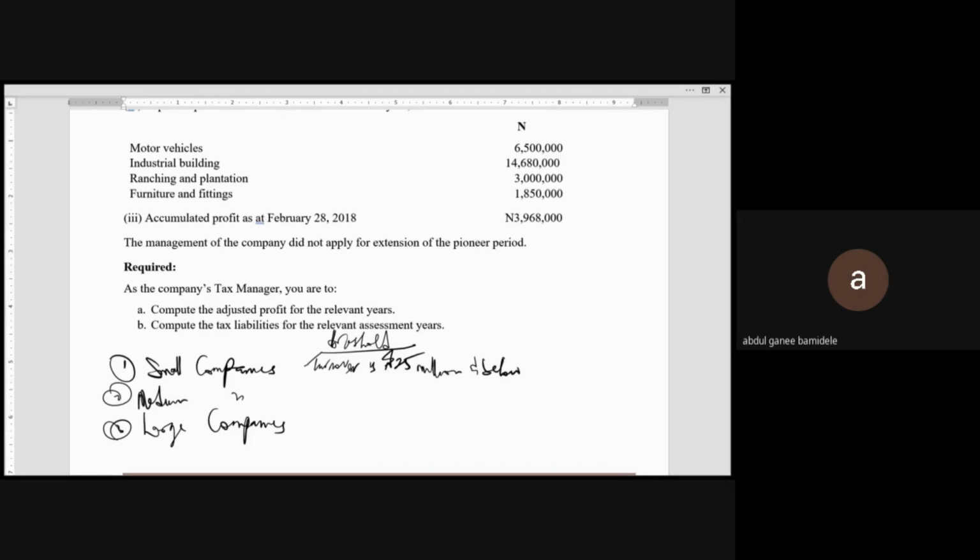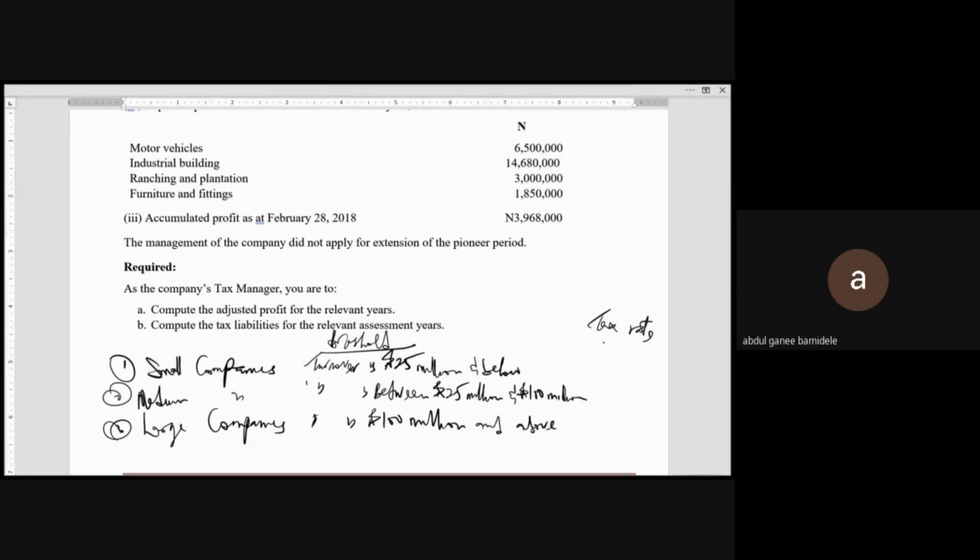To qualify as a medium-sized company, your turnover is between 25 million naira and 100 million naira. To qualify as a large company, your turnover is 100 million naira and above. Are we together?